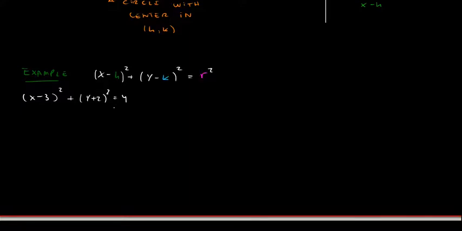We can rewrite our equation as (x minus 3) squared plus (y minus negative 2) squared. This is important because the equation of a circle has a minus sign here, and here we had a plus sign. So we transformed our plus into the multiplication of two minuses.